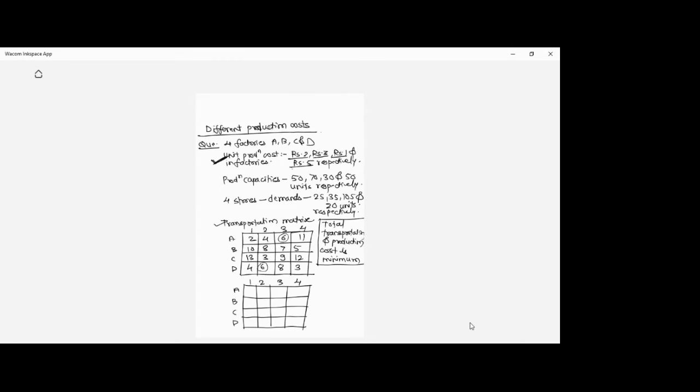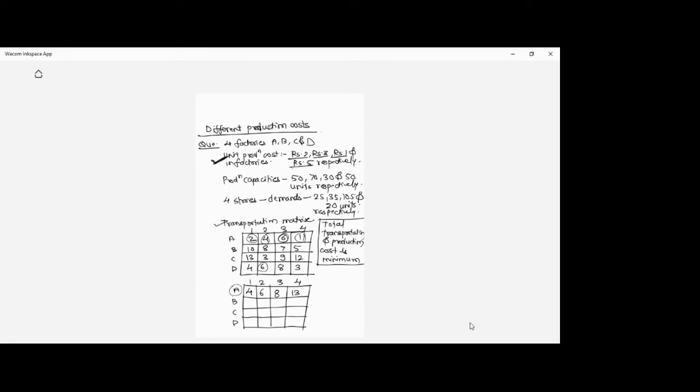This can be considered as an input, and we can reframe our matrix. For factory A, the production cost is rupees 2, so the value 2 will be added to each value of the transportation matrix across row A. So 2 plus 2 is 4, 4 plus 2 is 6, 6 plus 2 is 8, and 11 plus 2 is 13.